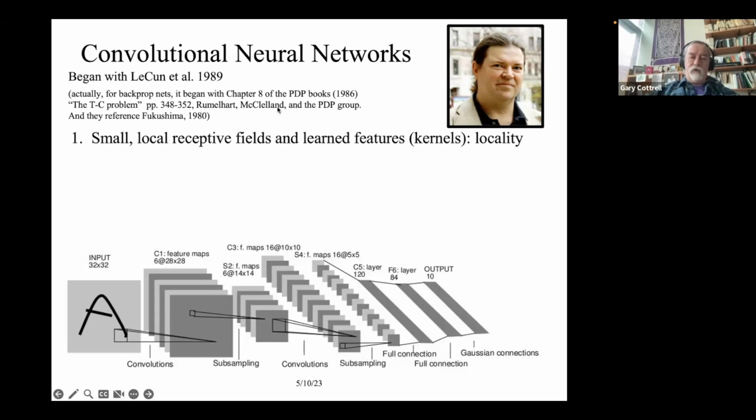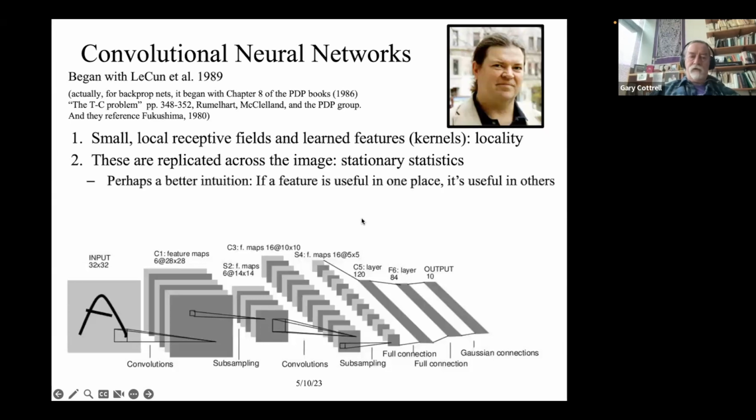So they have small local receptive fields, as you can see down here, and learned features, so that encodes the locality. Those are replicated across the image to give reflecting stationary statistics, but maybe a better way to think about that is if a feature is useful in one place, it's useful in others.